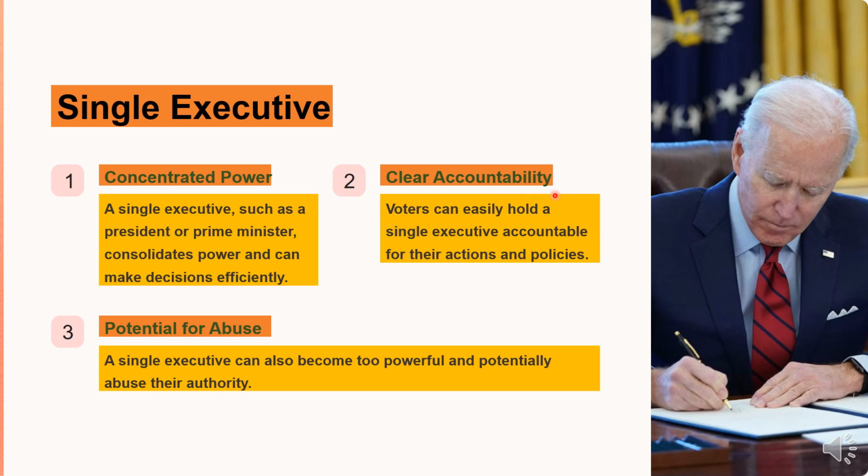Clear accountability: voters can easily hold a single executive accountable for their actions and policies. Potential for abuse: a single executive can also become too powerful and potentially abuse their authority.